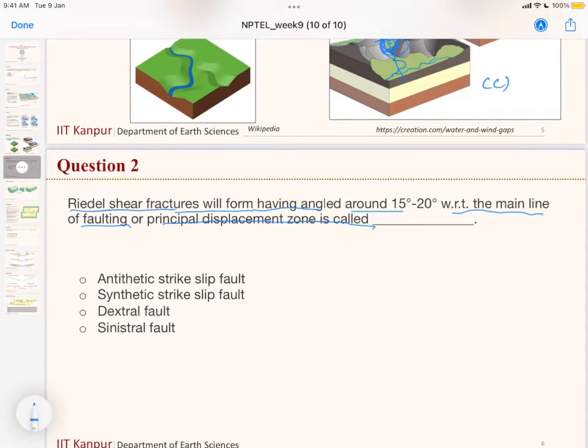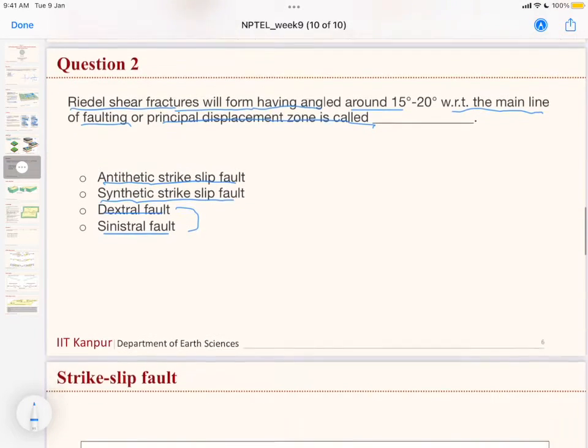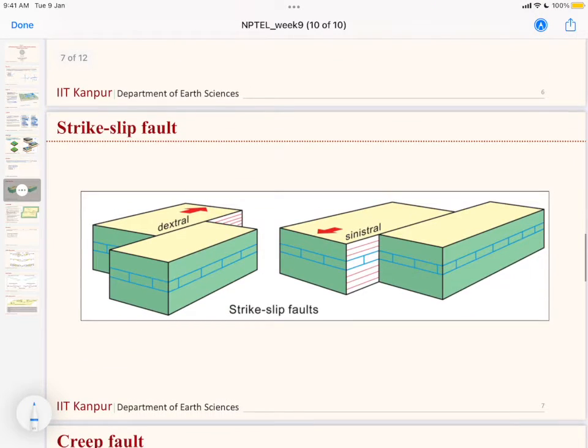The options that we have for this question are antithetic strike slip fault, synthetic strike slip fault, dextral fault, and sinistral fault. We will understand each and every term as well. First let's go to the very basics and understand the simple thing, that is the dextral and sinistral fault. These are the very basic subsections, or categories, of strike slip faults.